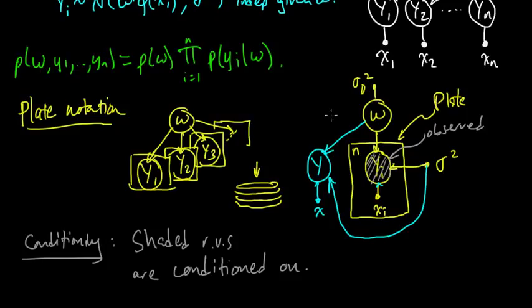Another piece of terminology is that a random variable which is not observed and is a sort of parameter, we often refer to as a latent variable or a hidden variable. So W in this case would be a hidden variable or a latent variable. Okay, so that was the graphical model for Bayesian linear regression. And next we'll look at Bayesian naive Bayes.